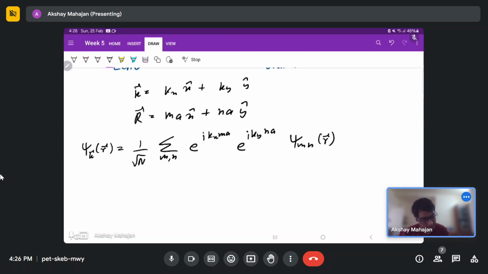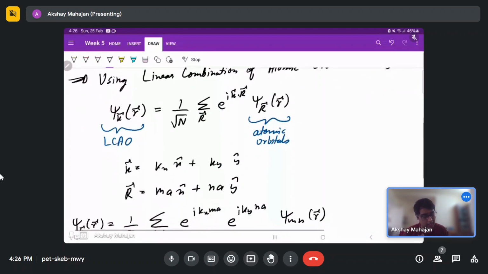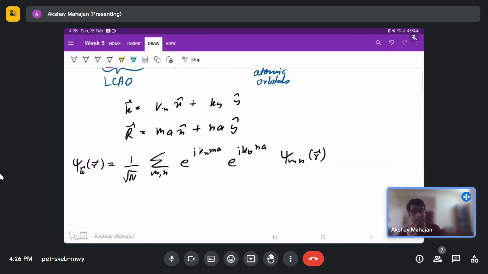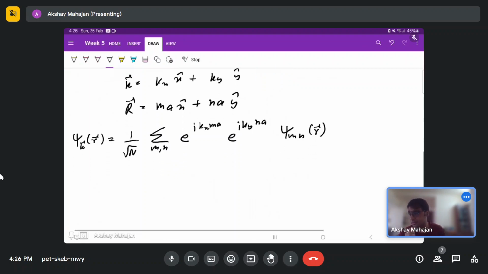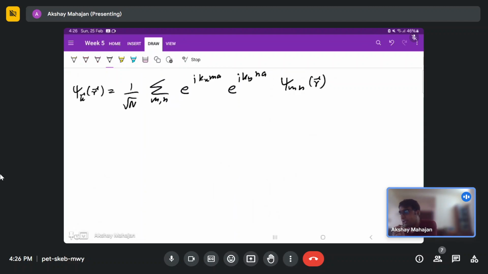Because it was psi of r vector, I can write it as psi m n r vector times e to the power i k vector dot r vector. If I do, then that gives e to the power i kx m a e to the power i ky n a, as we have a square lattice.